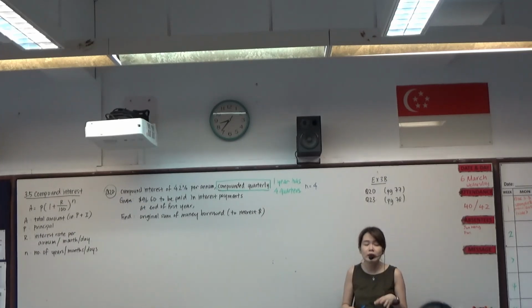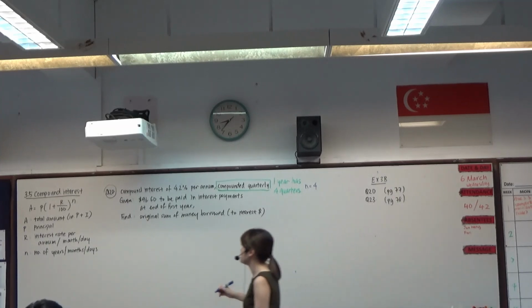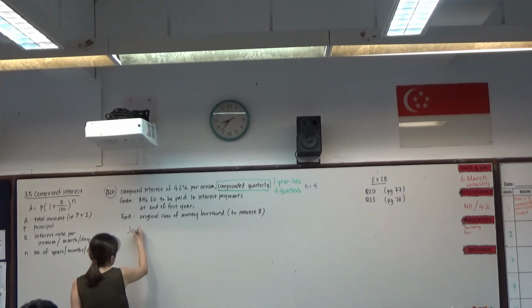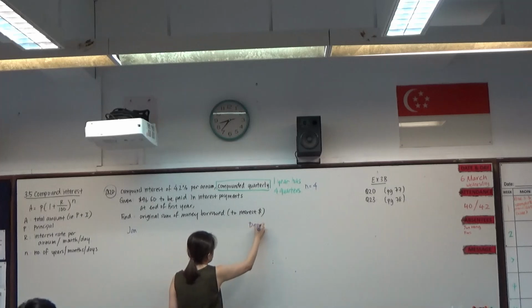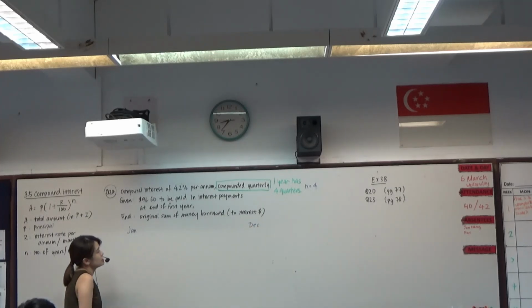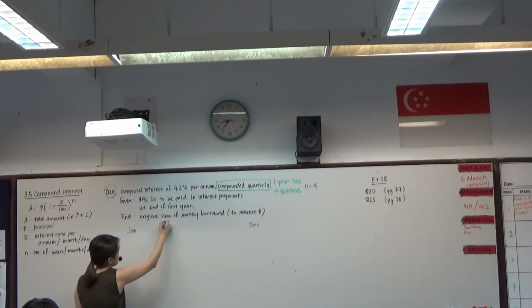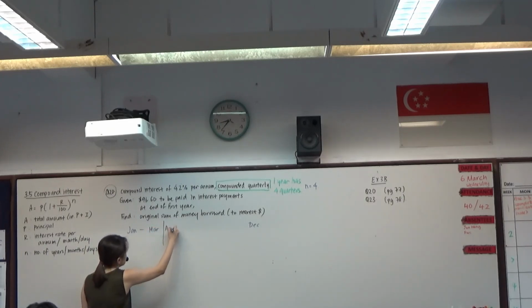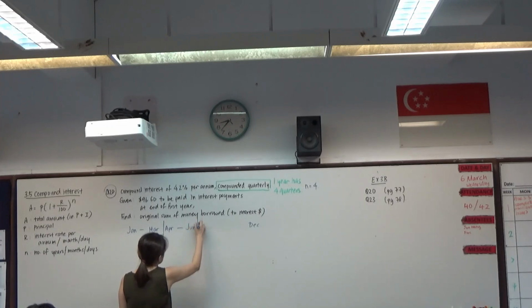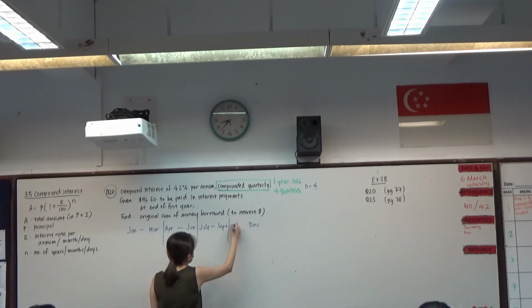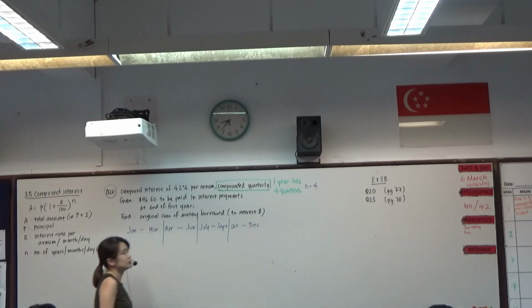Compounded quarterly means that, for example, your 1 year, you have your January all the way to December, right? That's 12 months. Dividing into quarters will mean that it's January to March, then April to June, July to September, and then October to December.